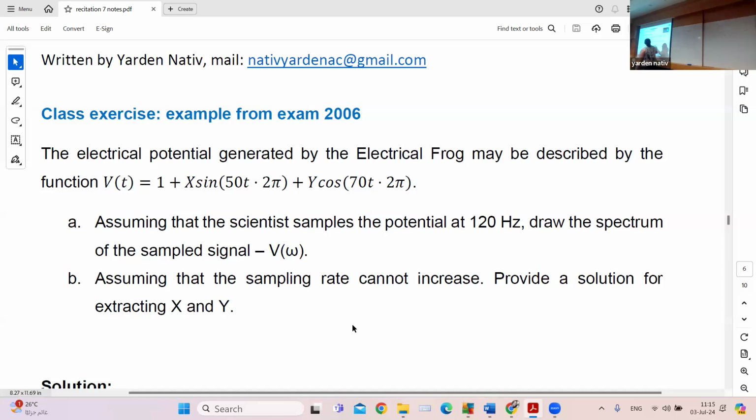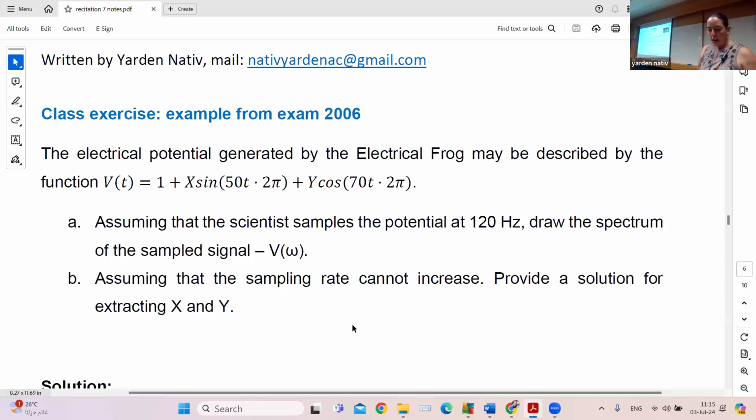So we have an electrical frog that has an electrical potential generated by a function of 1 plus x sine of 50t multiplied by 2 pi plus some number cosine 70t multiplied by 2 pi. Okay?